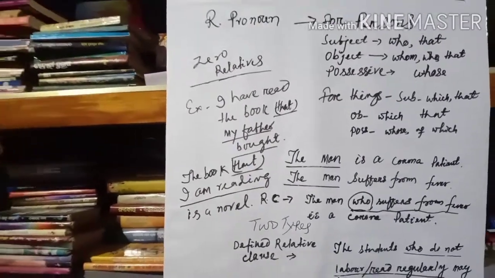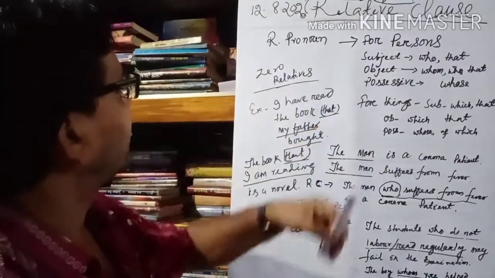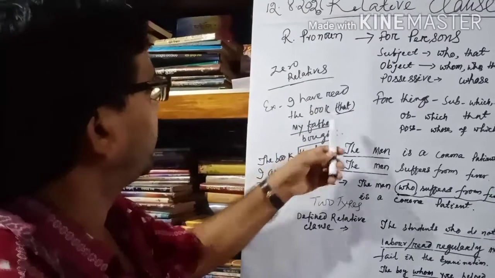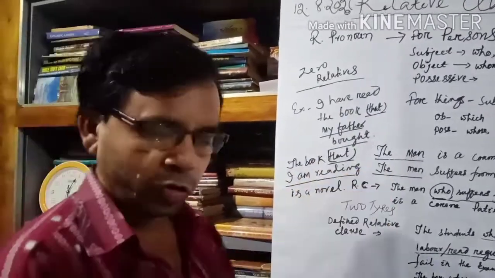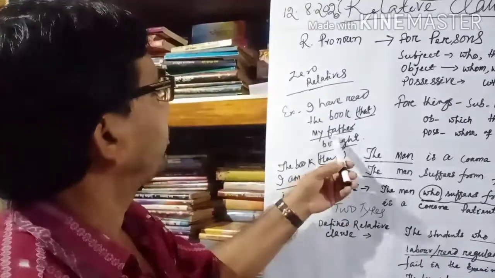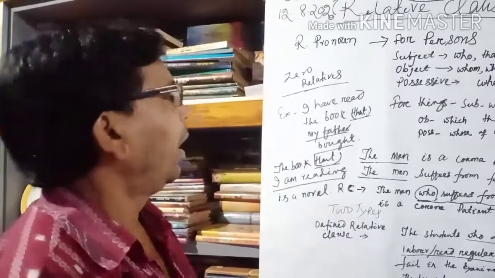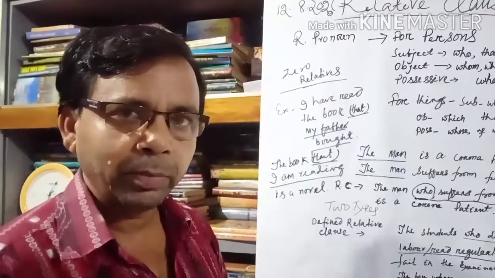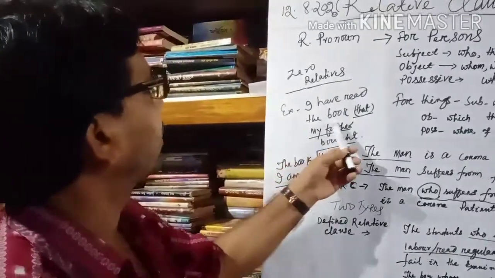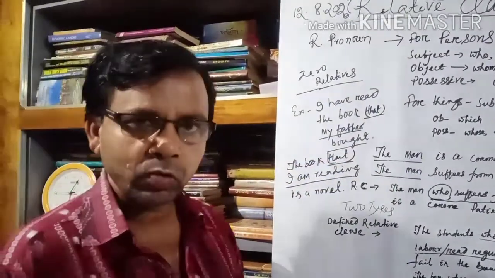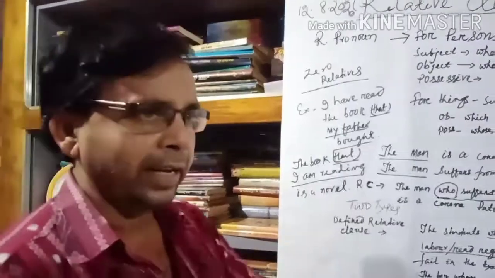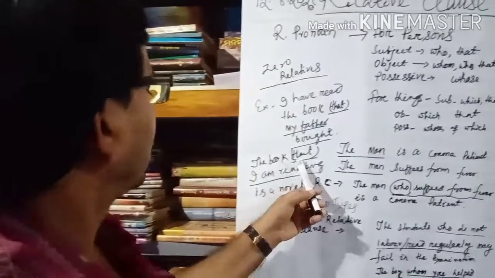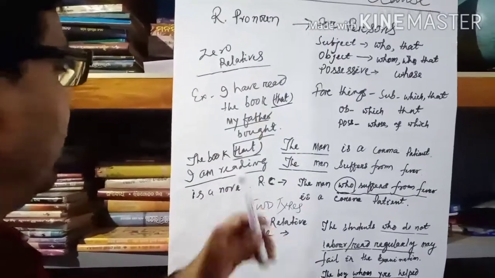For example, take this sentence: I have read the book that my father bought. This is a complex sentence, and that my father bought is the relative clause, and I have read the book is the principal clause. Again, another example: the book that I am reading is a novel.